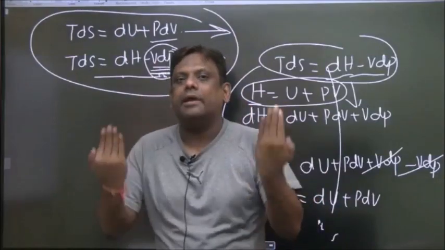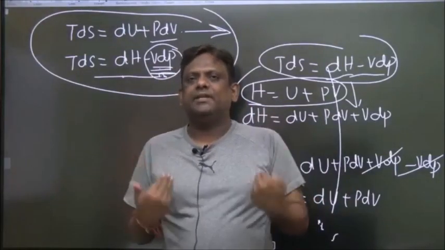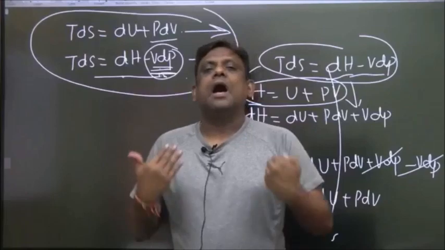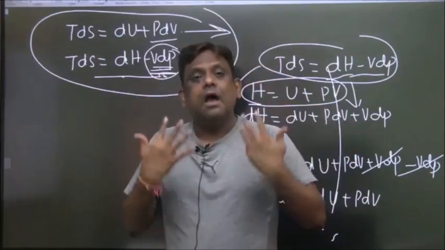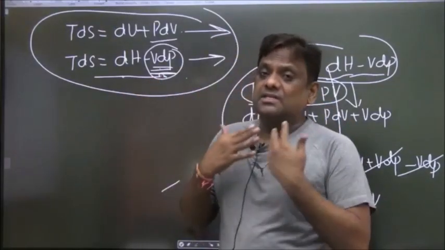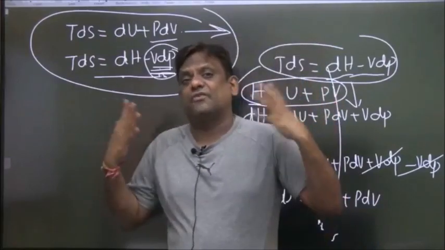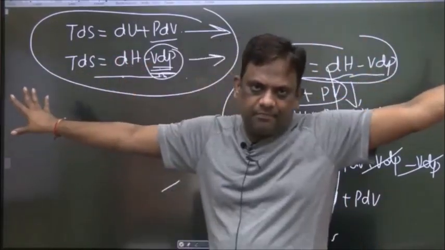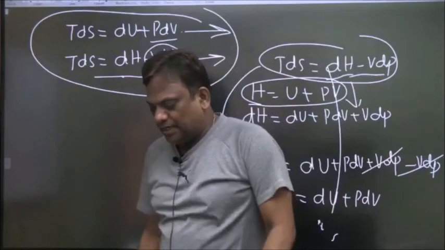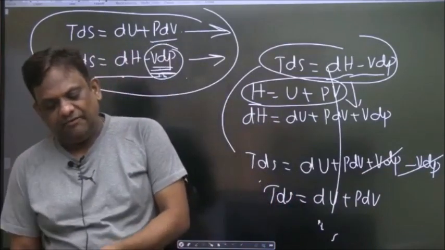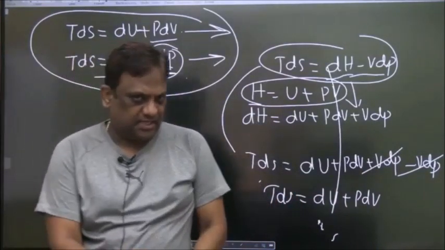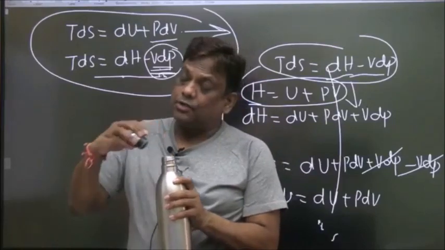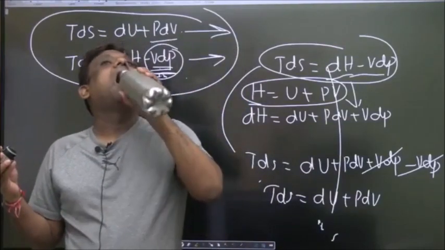So these two, I consider, as the twin equations of entropy, and they are very powerful equations, and I'll be solving about 70 to 80% of questions from these two equations only. We have to respect these two equations a lot. They are valid for any process, any system, and also for any working fluid.